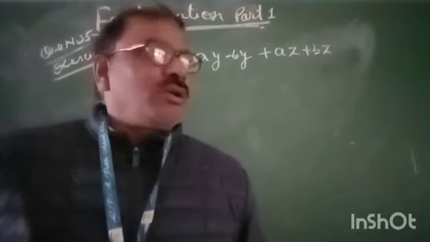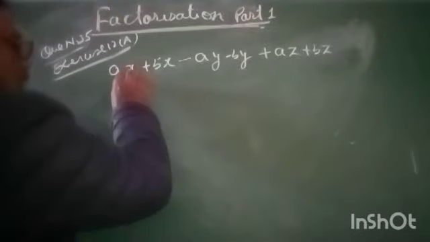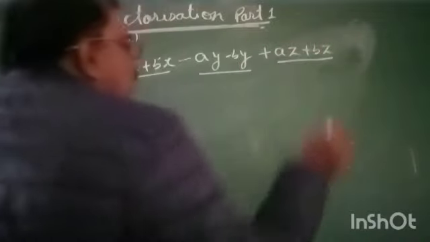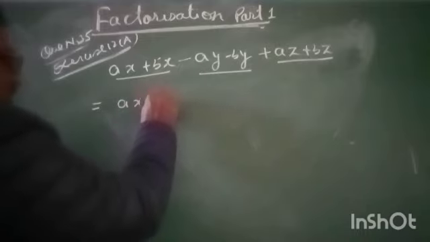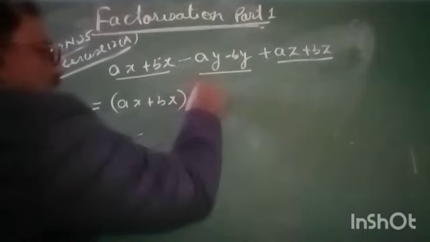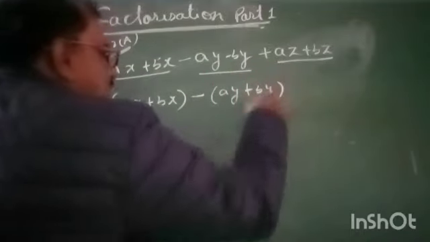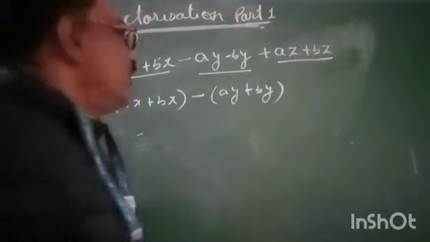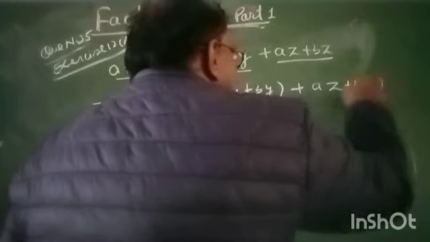So I will make groups. First, ax plus bx is the first group, minus ay minus by is the second group, and plus az plus bz is the third group.